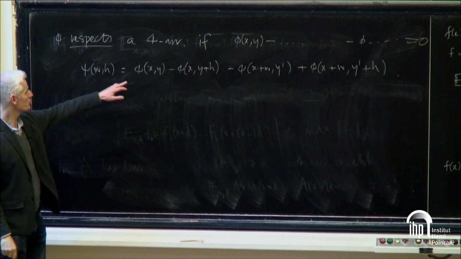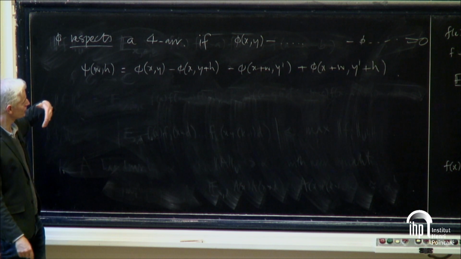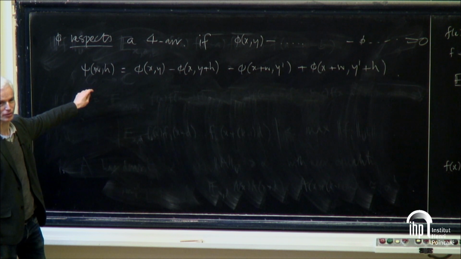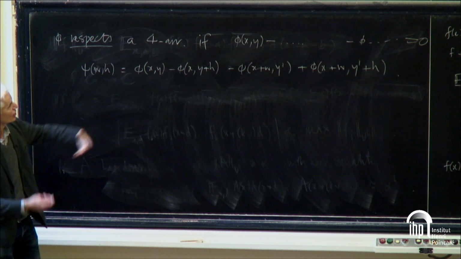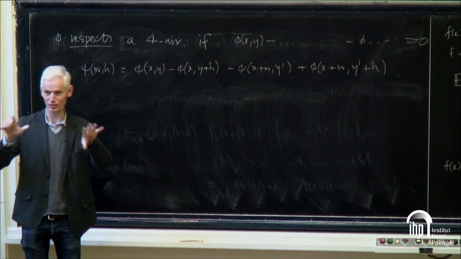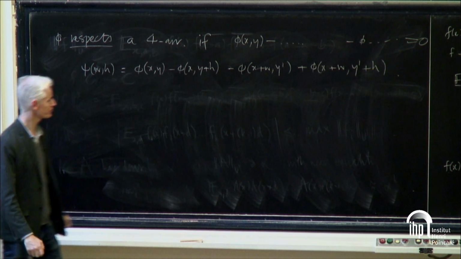If phi is bilinear, then that's a well-defined function. So what we'd like is to somehow show that it's not too far off being well-defined. And so we say phi respects a Fourier arrangement if at least psi is well-defined for those two vertical parallelograms. It takes the same value on this one as it takes on this one.